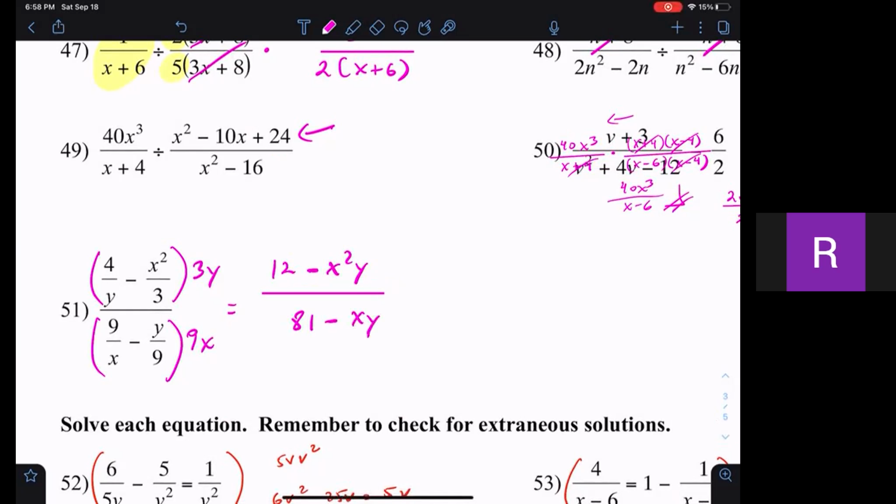And let's see, we can simplify something here. Oh, they don't have a GCF on the top. You can just leave it like that. There's nothing else to do here. Next.